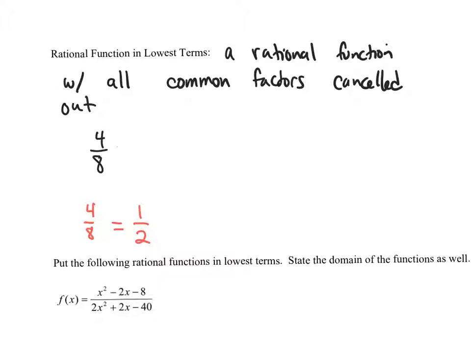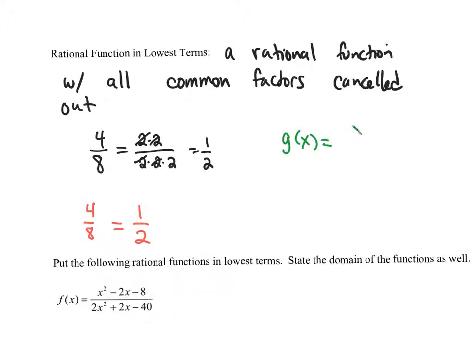You could also think of 4 as 2 times 2, and you can think of 8 as 2 times 2 times 2. And then you could just cancel these common factors out, and that's how you could also get 1/2. A little different way to think of reducing fractions, but that's the way we'll do it in polynomial functions.